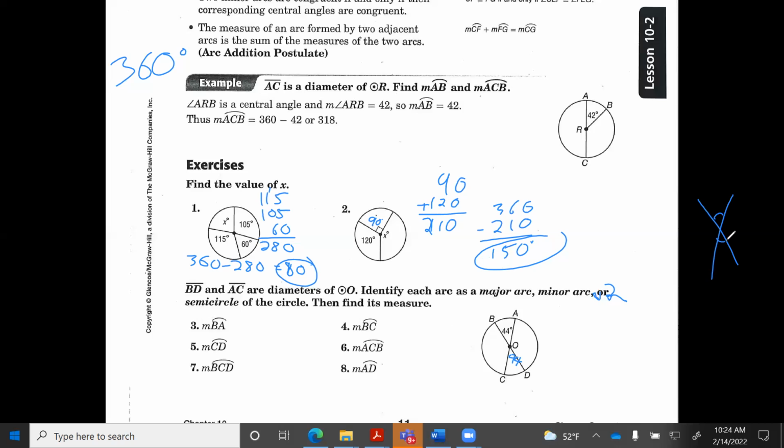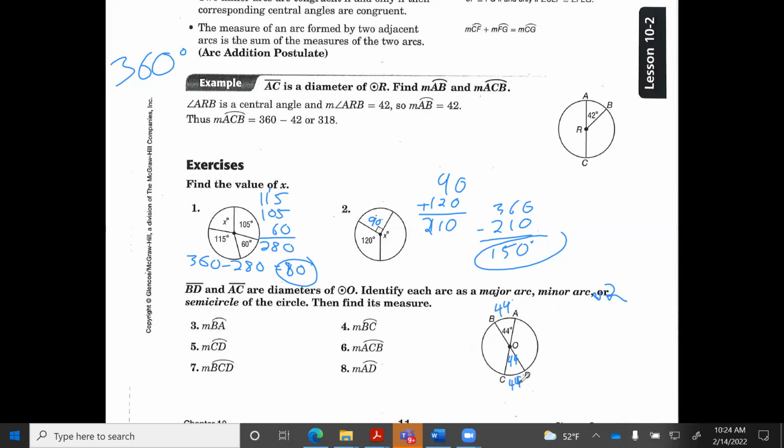So the vertical angles are both 44. Now, if those are 44, the arcs that they're intercepting are also 44. So arc A is 44 degrees, CB is 44 degrees.